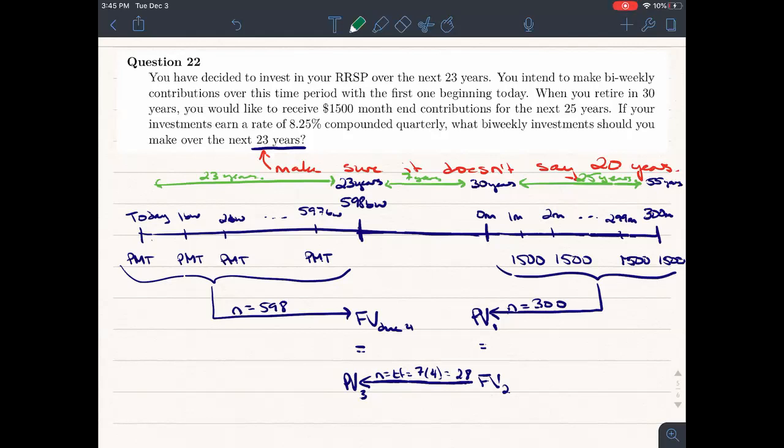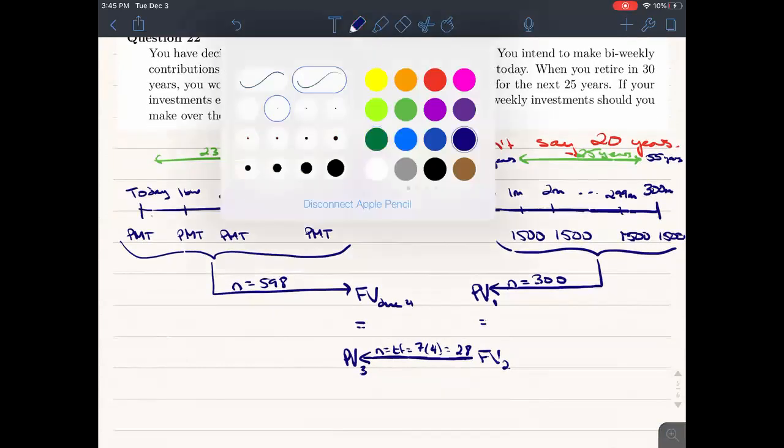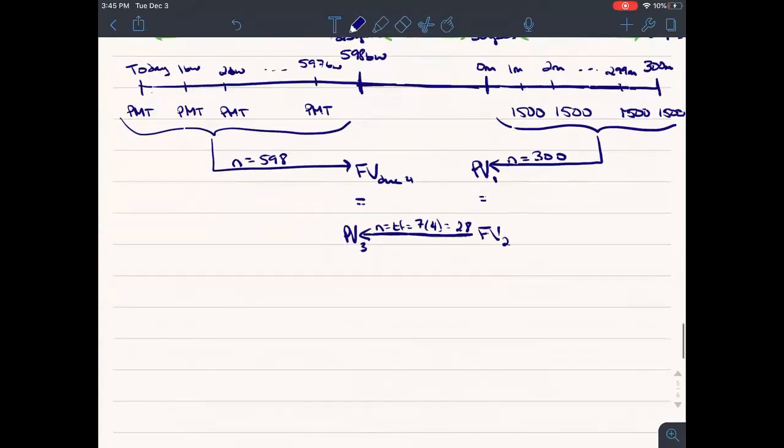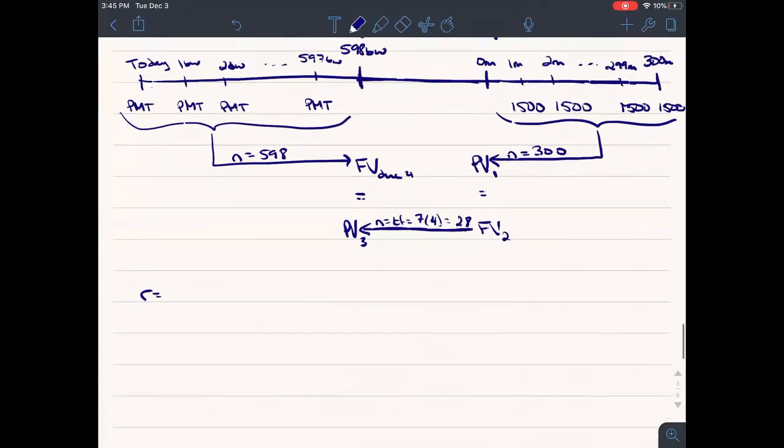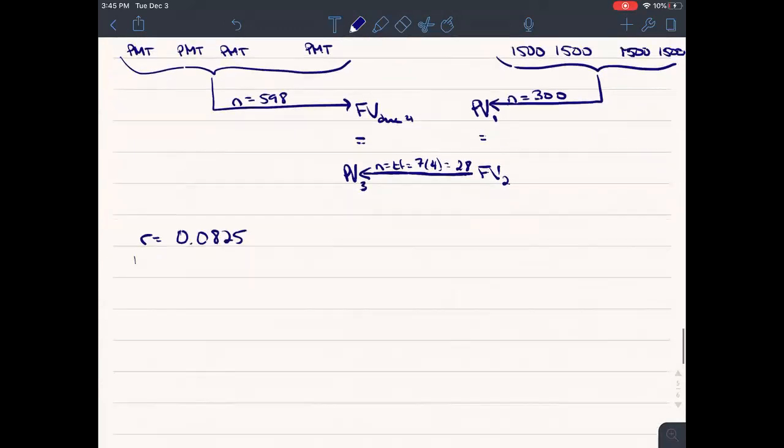Right, it was changing for some of them. And so that is great. Very easy. Not very easy, I shouldn't say that. 0.0825. And the compoundings per year is quarterly, so 4.